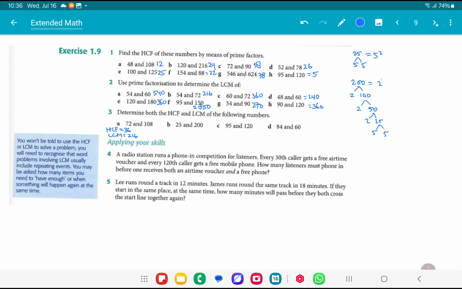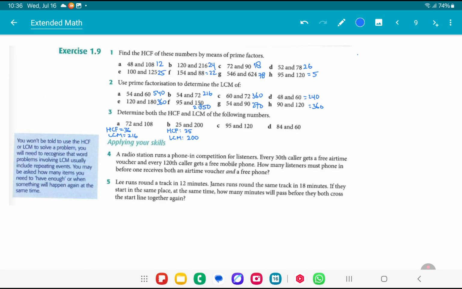We get 2 cubed times 5 squared. So for the HCF, we get 25, and for the LCM, we get 2 cubed and 5 squared, so the answer is 200.